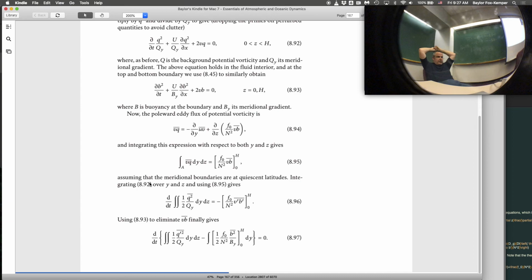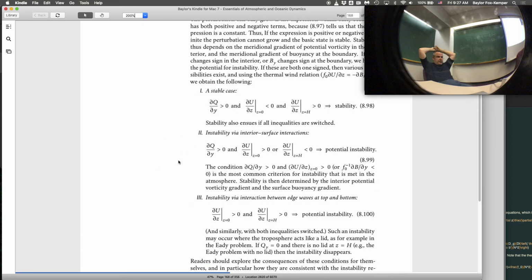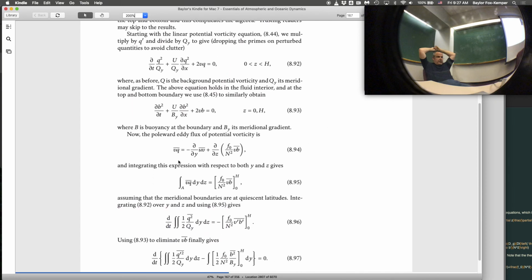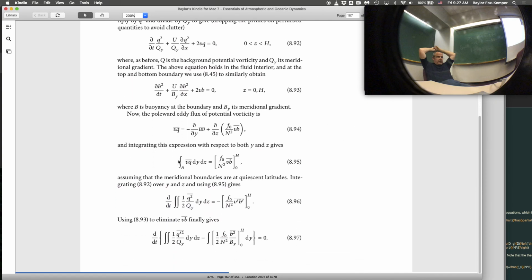If you took the limit of stacking many layers, not 2, but like 100, you would see that in finite difference form, the PV condition... Let me pull it up. The necessary conditions for baroclinic instability.